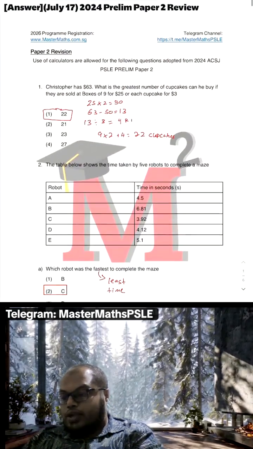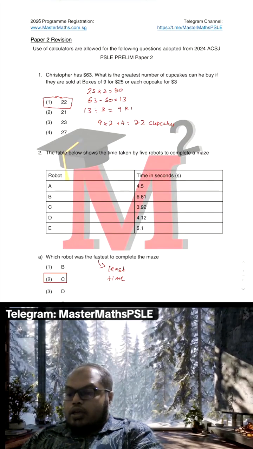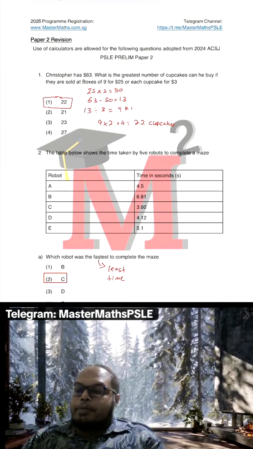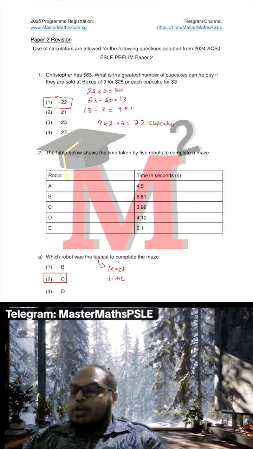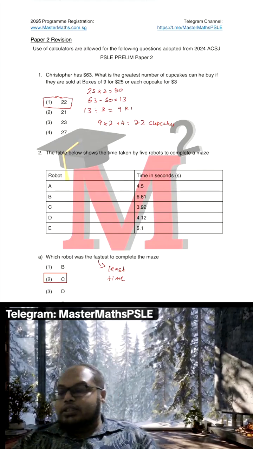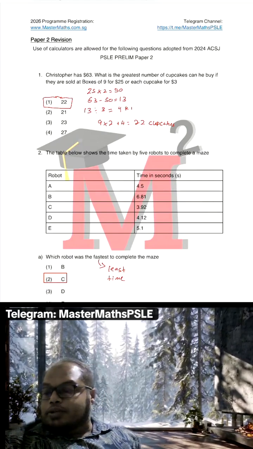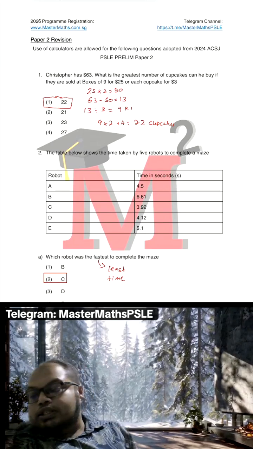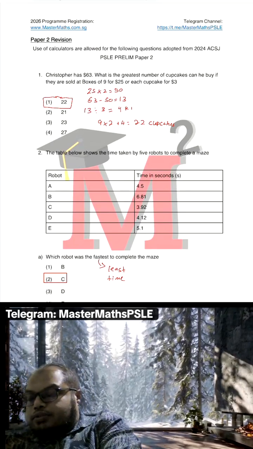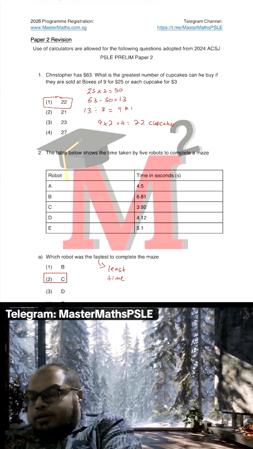Last question. What was the greatest number of cupcakes he can buy with $63? So firstly what I do is I try to maximize the offer of the 9 cupcakes for $25. So inside the 63, I can take out 2 sets.